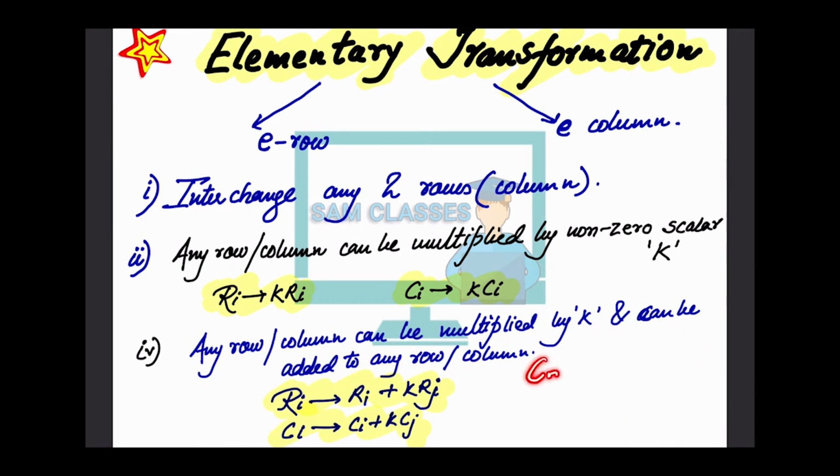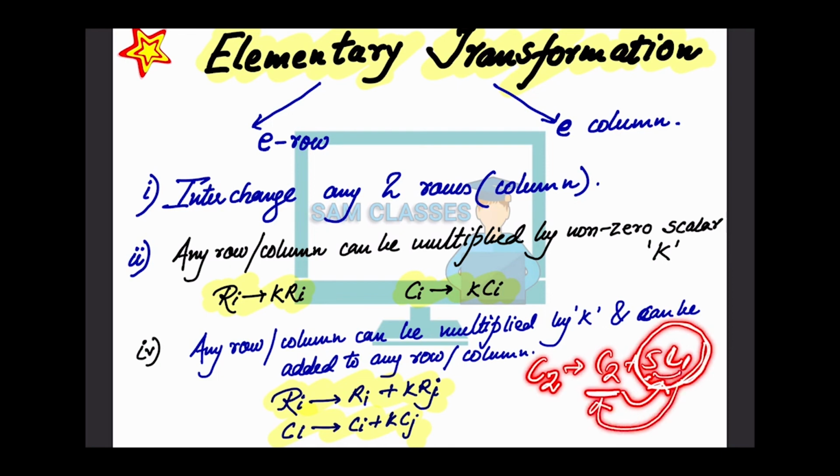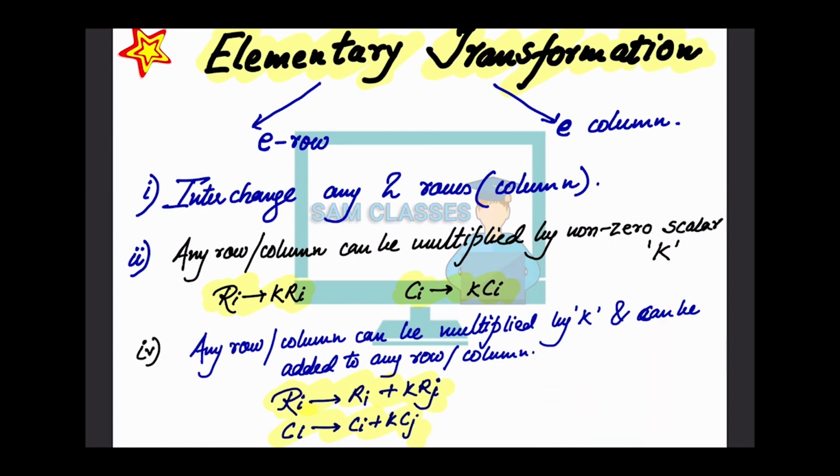And the same thing is applicable for columns also. Let's say we have written column 2 is equal to column 2 plus 5 times column 1. So what we have done is we are adding column 2 with another column, and in that column we have multiplied something. So we can multiply something to a column and add it to a column. So here we are doing two things, students. First, we are multiplying something to a column and then we are adding it to a column.